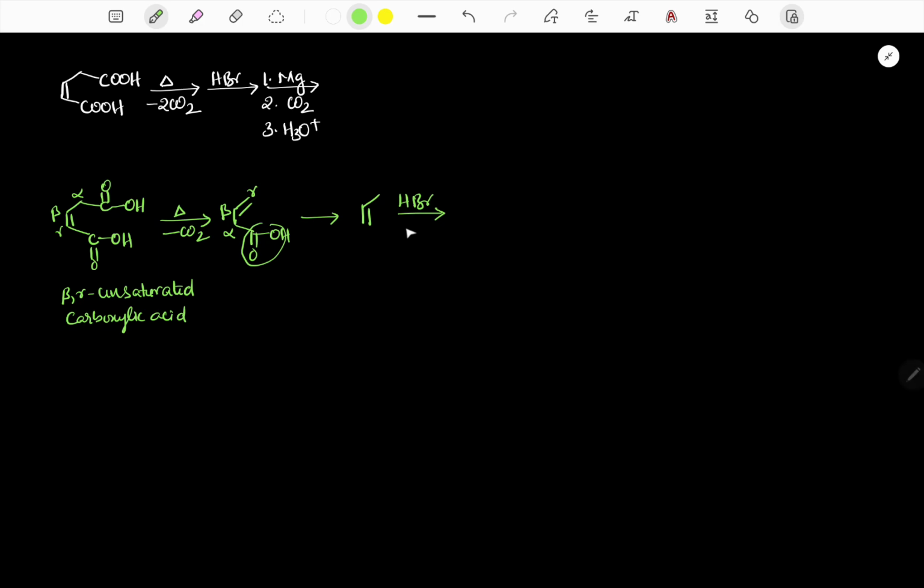When an alkene is treated with HBr, it undergoes electrophilic addition. The alkene reacts with H+ and forms a stable C+, and C+ reacts with Br-, and finally we get the corresponding isopropyl bromide.